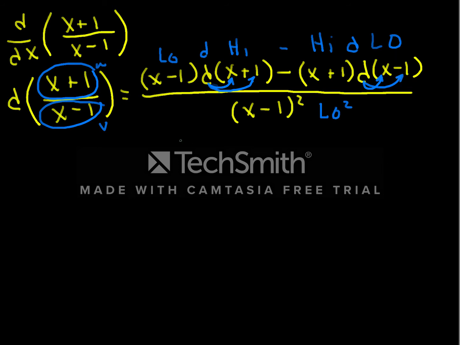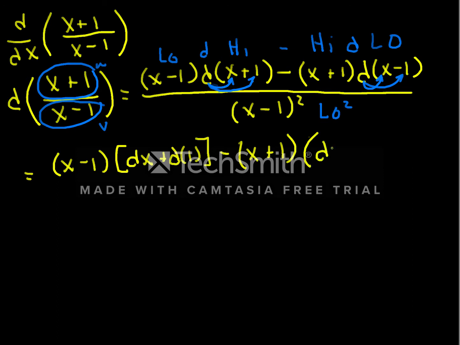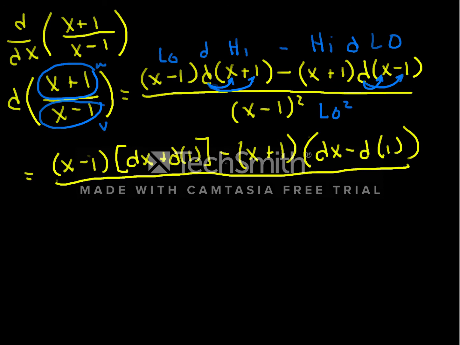So this whole term, the top, becomes x minus 1 times dx plus d1, minus x plus 1 times dx minus d of 1, all over the denominator squared.